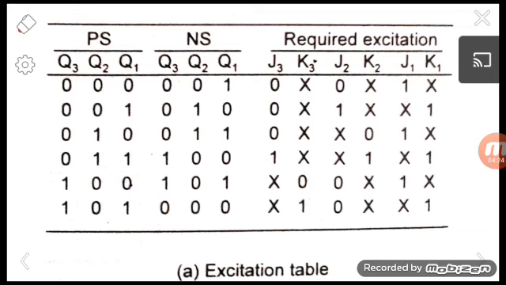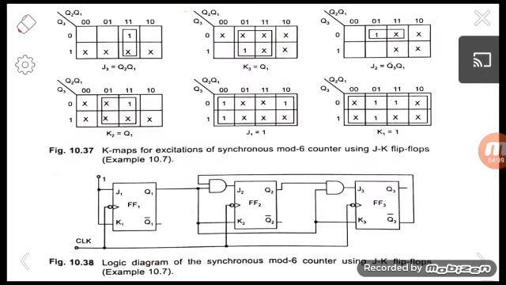Here for J1 and K1 all the values are 1s or x, no zeros are there. So from this itself you can say that J1 and K1 are equal to 1. Here are the corresponding K-maps for J3 K3, J2 K2 and J1 K1.